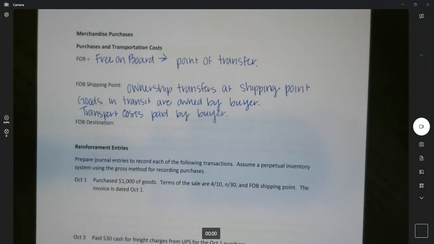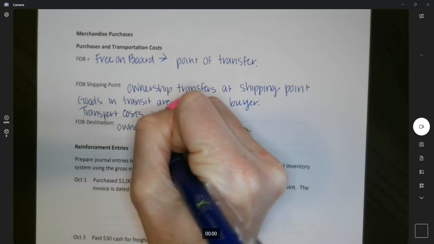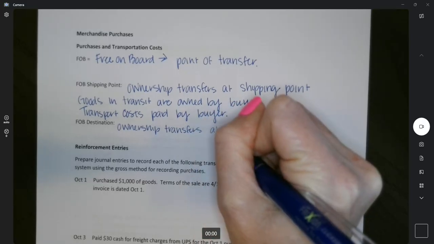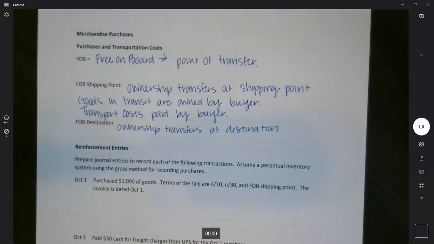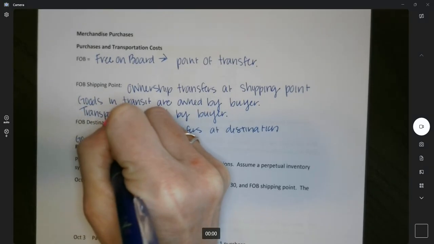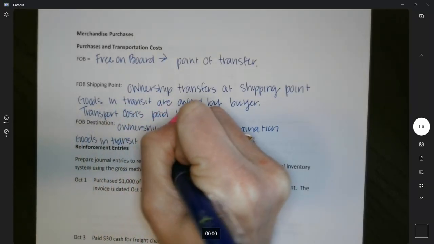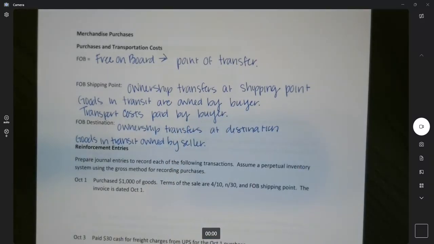If it's FOB destination, that means ownership transfers at the destination. That means the goods in transit are owned by the seller. And the transport costs are paid by the seller.